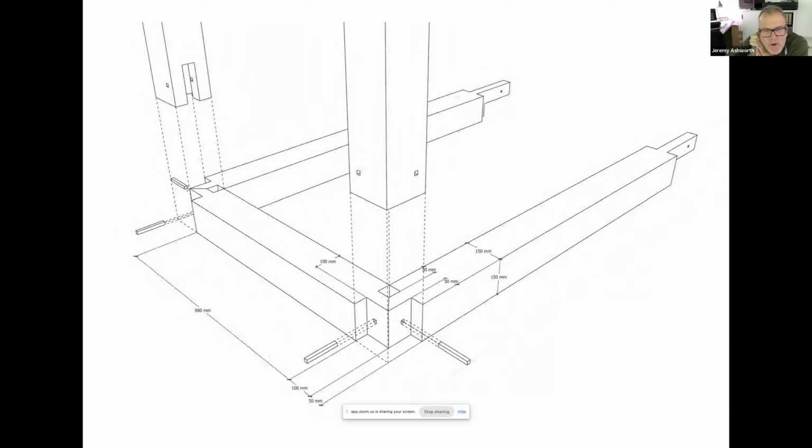And would it be possible to design a building without any metal mechanical fixings and using Japanese joinery techniques? So the first thing I did was to buy loads of books about Japanese joinery and try and interpret those into a form of a building that would allow us to construct it easily.